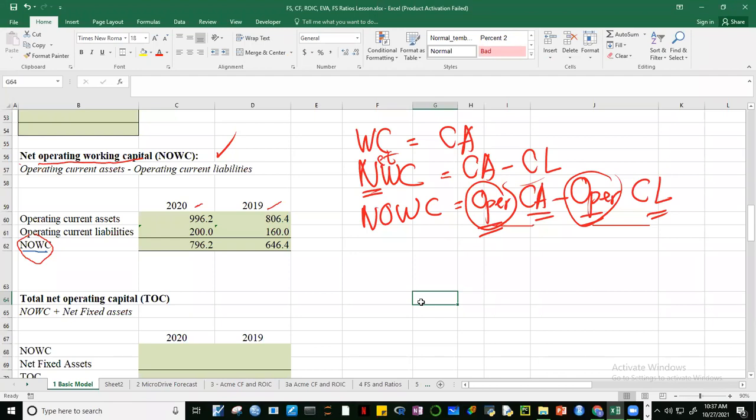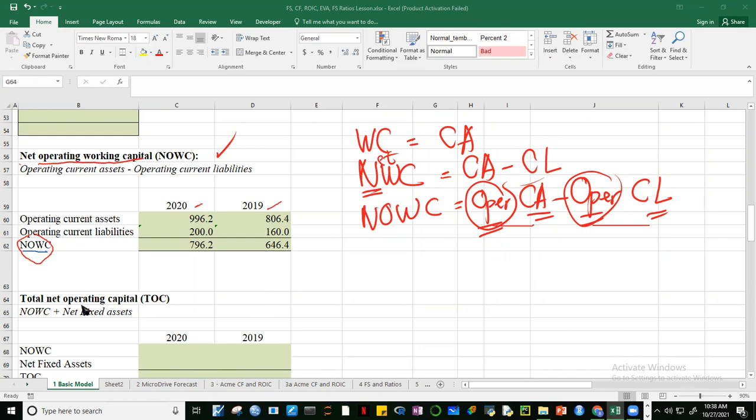Any questions about net operating working capital? Why do we need this, guys? Because the bottom line is that we would want to assess the performance of operations. So we're doing the building blocks, guys, of assessing whether operations was able to perform well.